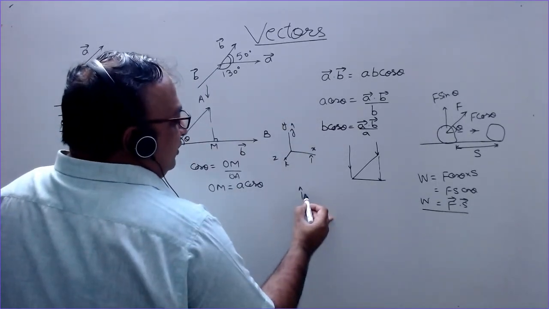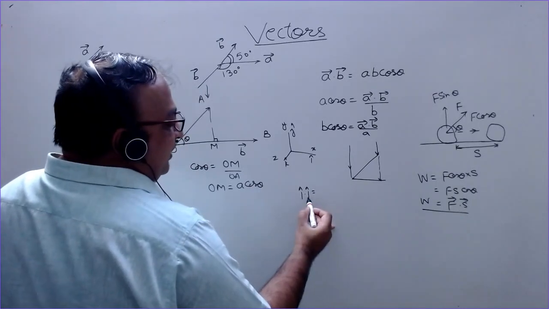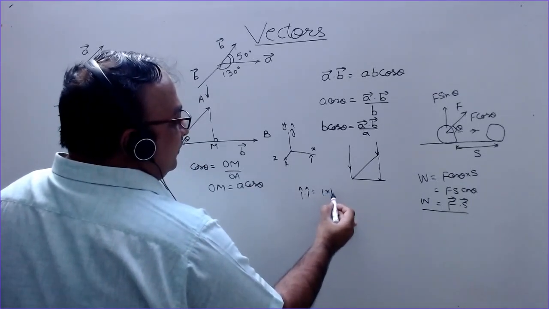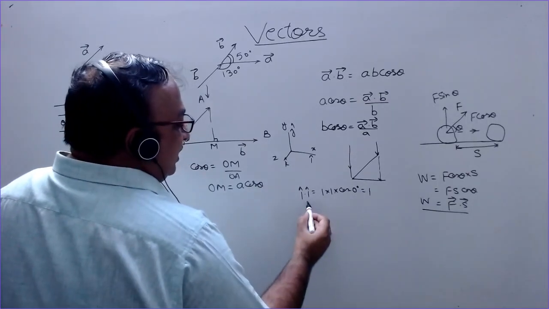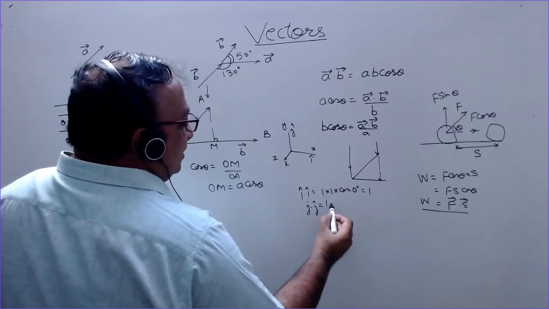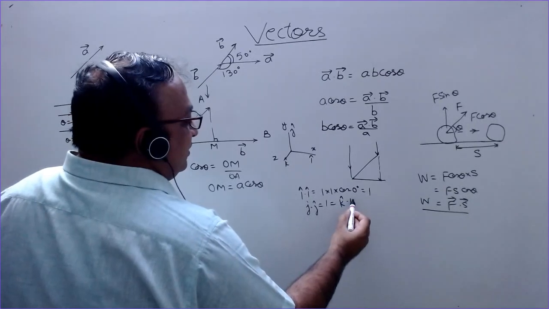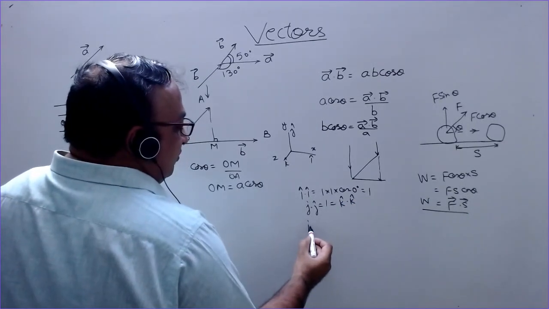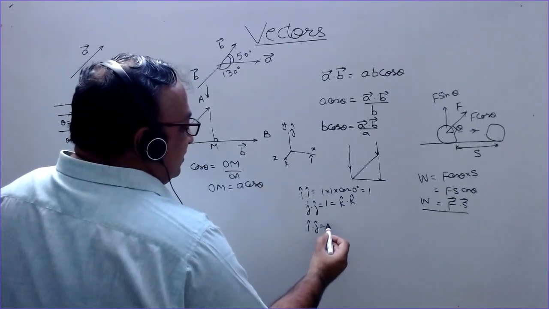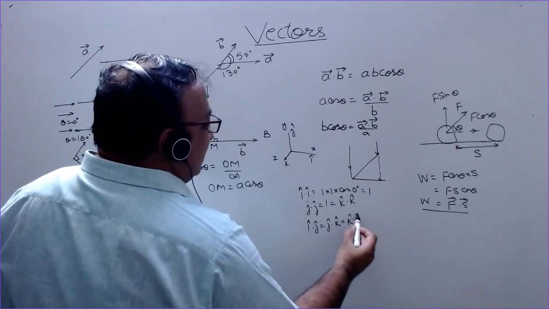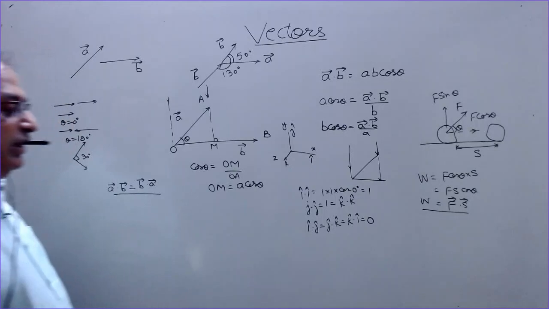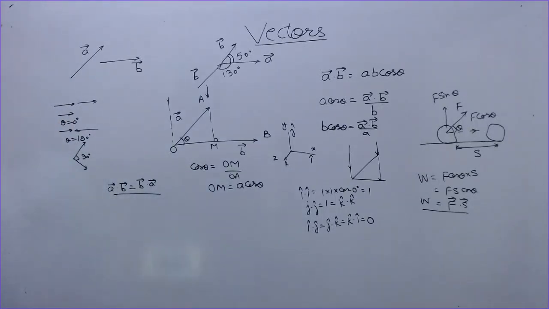So i dot i has magnitude 1 into 1 and cos of 0 degrees equal to 1. Similarly, j dot j is 1, k dot k is 1. But i dot j, j dot k or k dot i will have value equal to 0, as cos of 90 degrees is 0. This is called the dot product of two vectors.